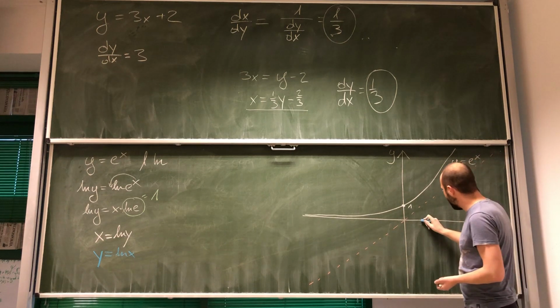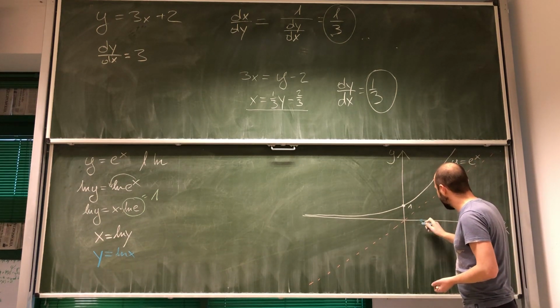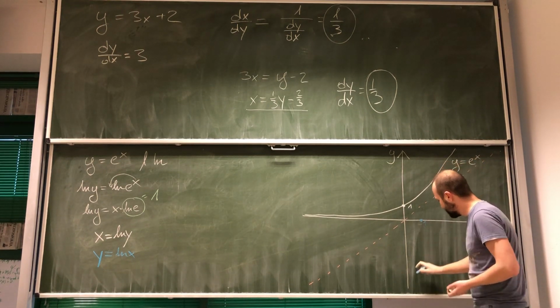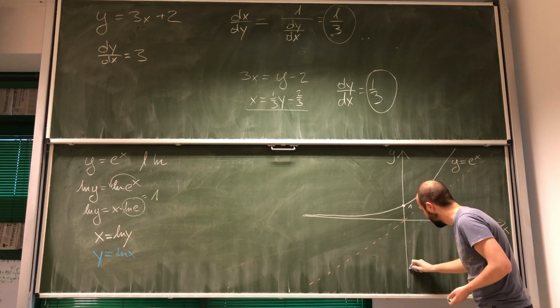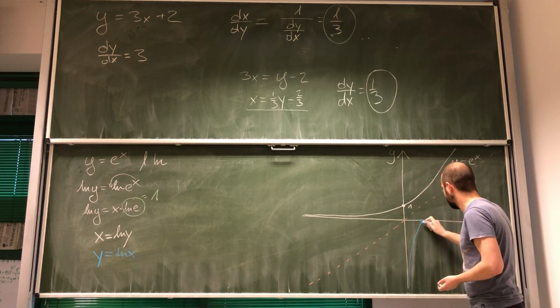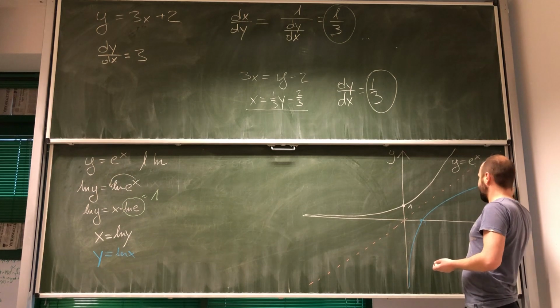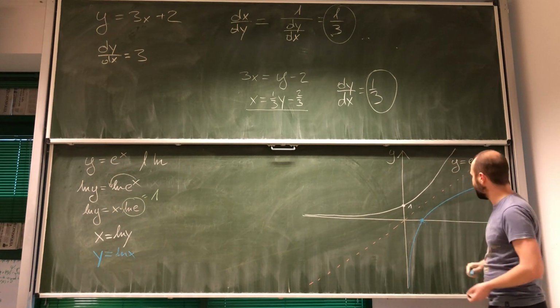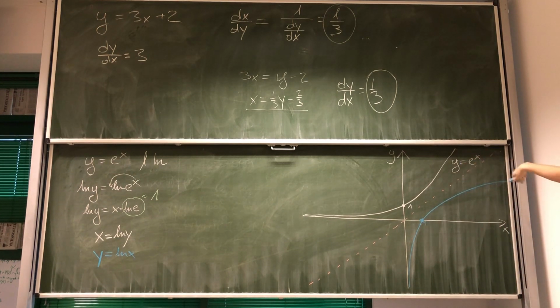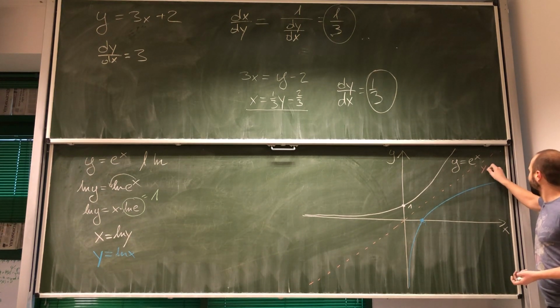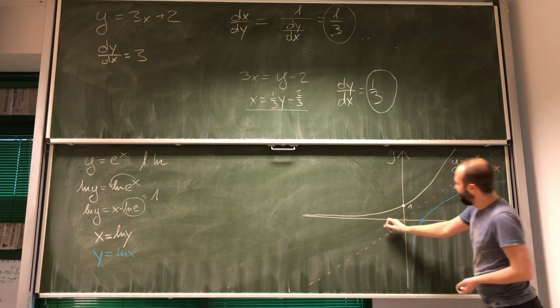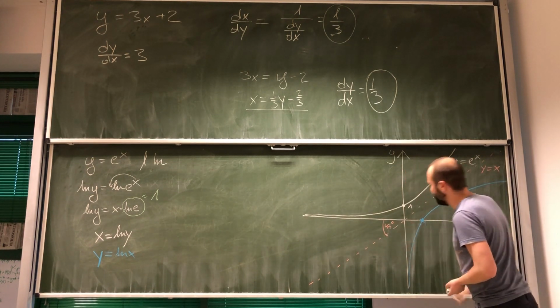I hope you remember what y equals ln x looks like, like this. Yeah, they are definitely mirror reflections with respect to y equals x. So the 45 degrees line.